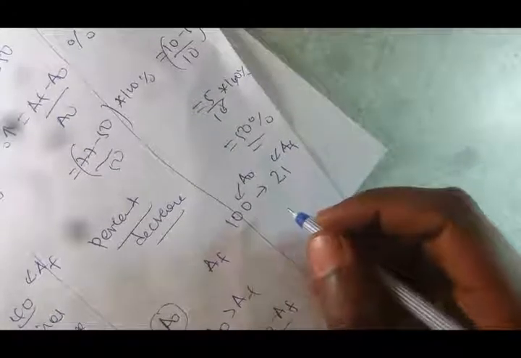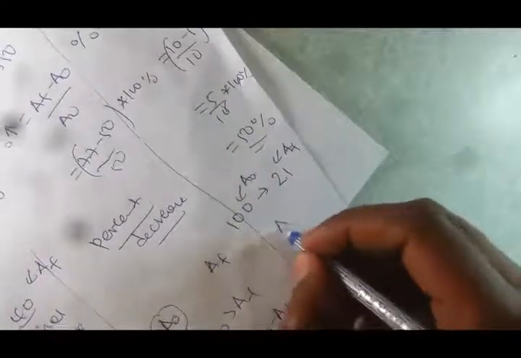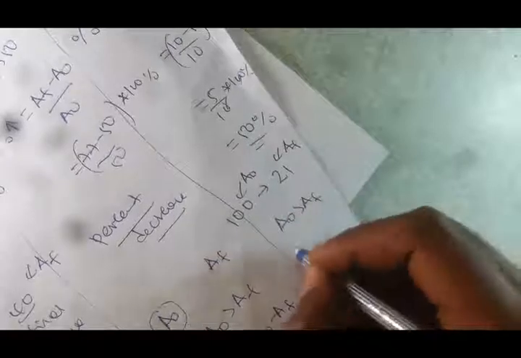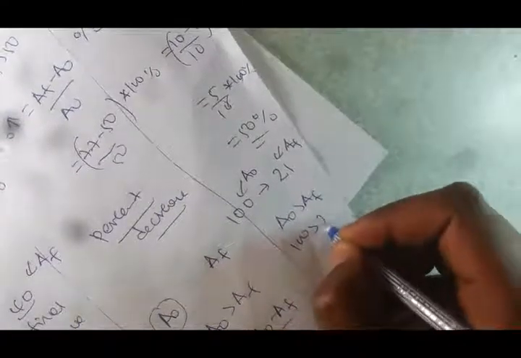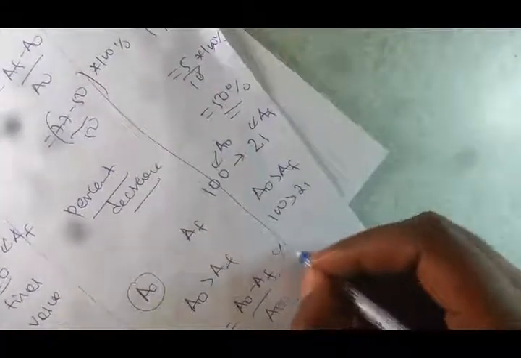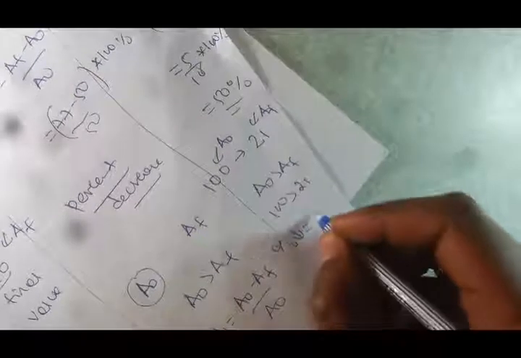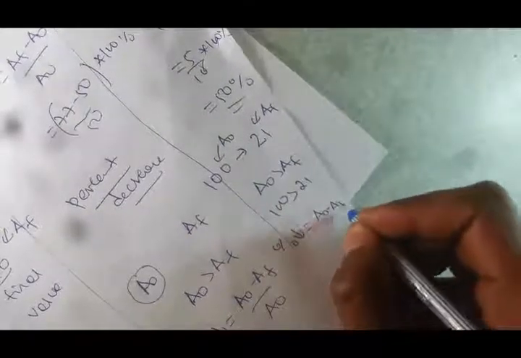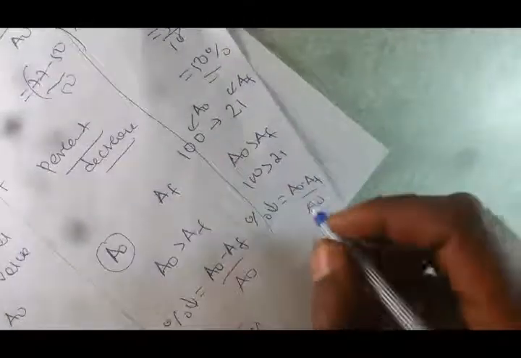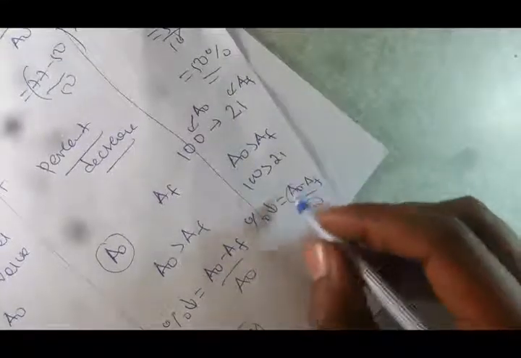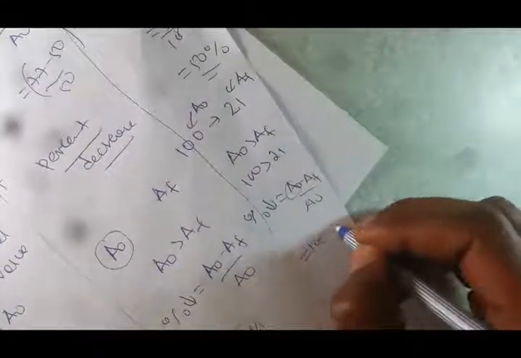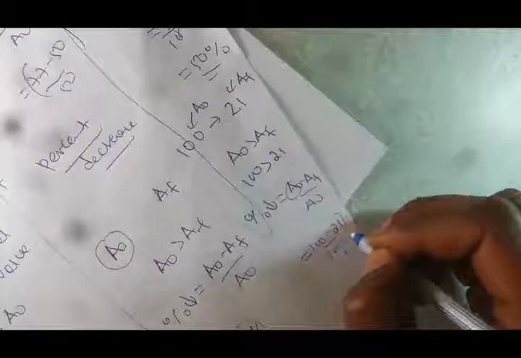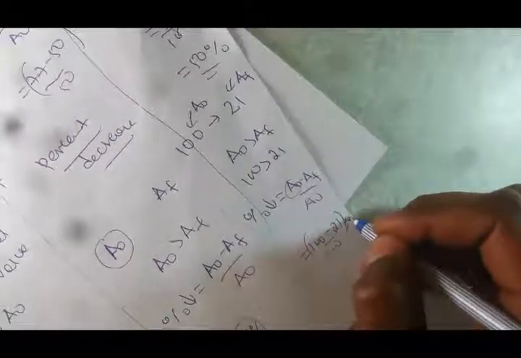You already know that AO is greater than AF because 100 is greater than 21. Therefore there will be a percent decrease. This percent decrease has a formula of AO minus AF over AO. AO is 100, minus 21 over 100 times 100%.